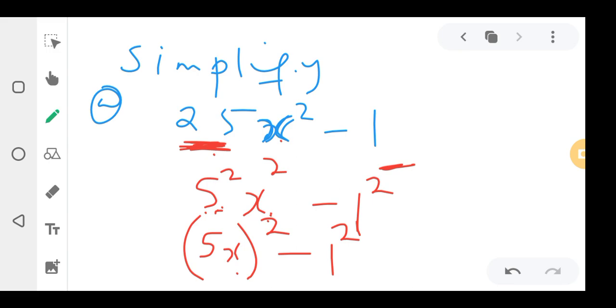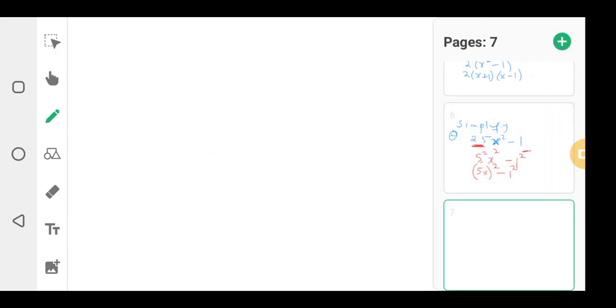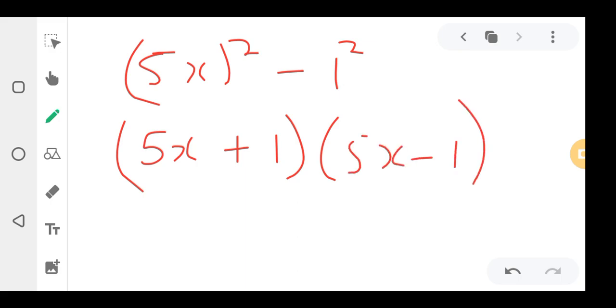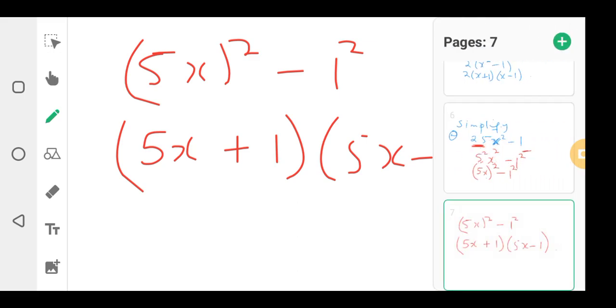I'm continuing on the next page: that will be (5x minus 1) squared, so you pick 1 there, open, closed, open, 5x minus 1. That's how you solve. So that is question 1.